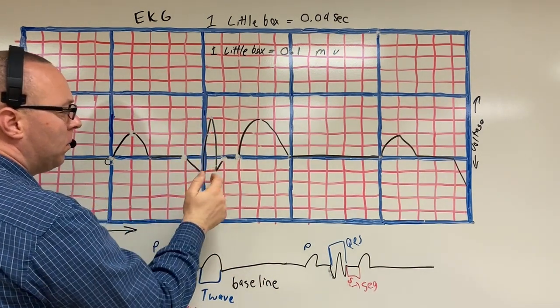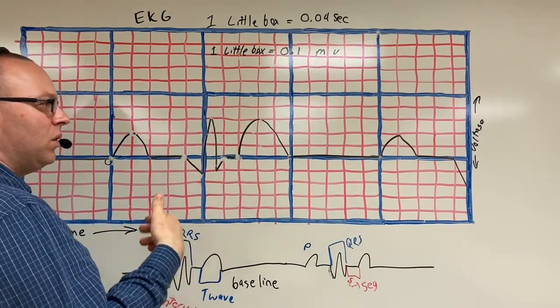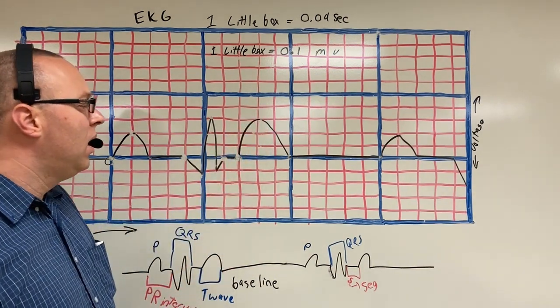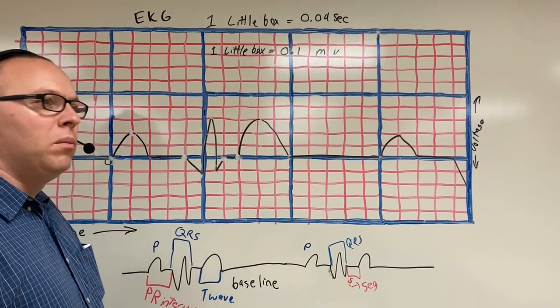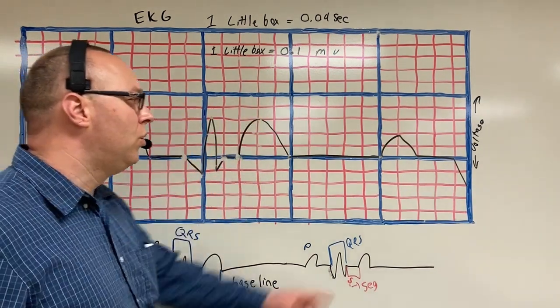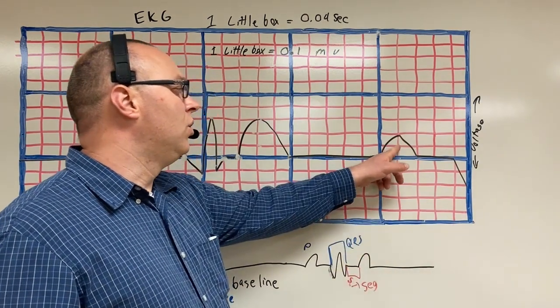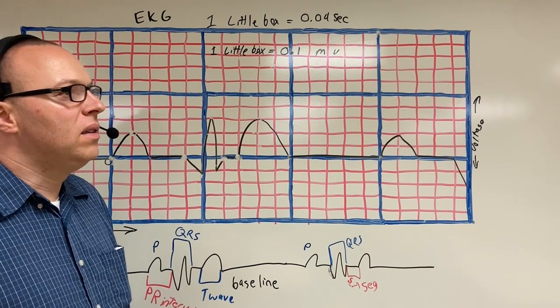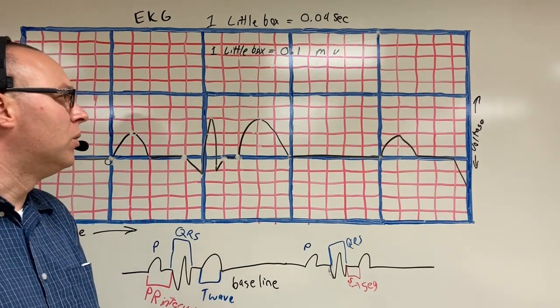I'm 1 little box below baseline, so that's negative 0.1 millivolts. I'm 3 little boxes above baseline, that's 0.3 millivolts. 2 little boxes above baseline, 0.1, 0.2. That is going to be the basics of counting these intervals.